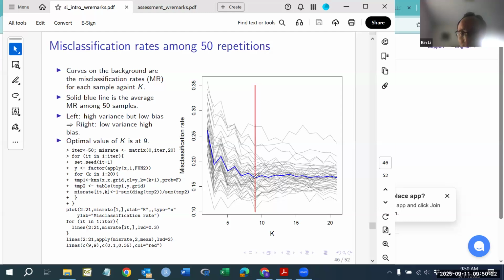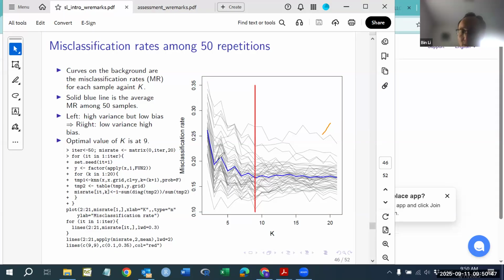And in the background, you can see we have 100 gray curves. Each curve represents a what? A data set. We have 100, right? So each curve represents a data set, with KNN fitted with different k sizes, from k equals 1 to 21.